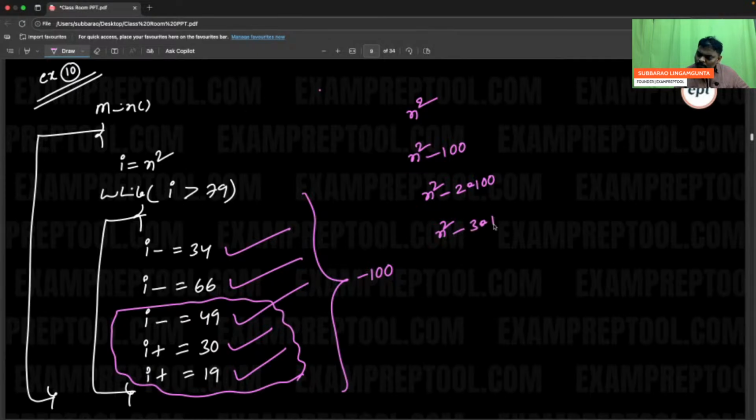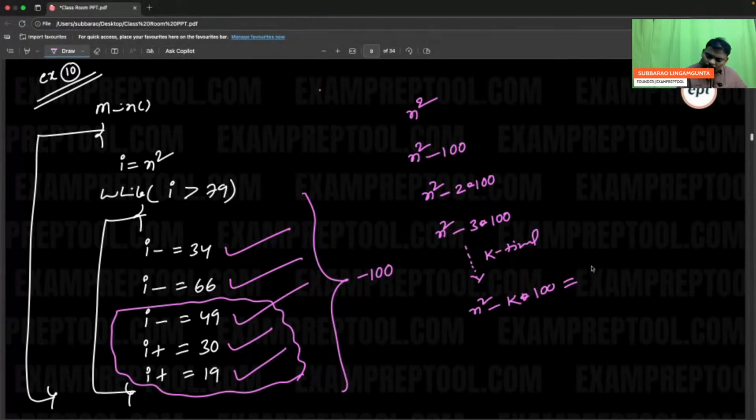What is the meaning of time complexity? How many times? If I continue k times, this will be n square minus k into 100 is equal to, what is the answer?